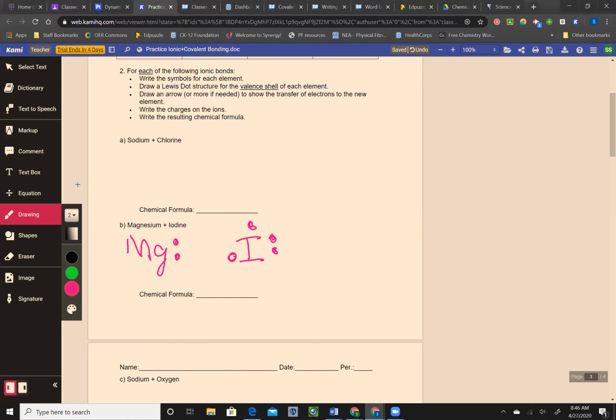Actually, I'm not putting these in any particular order. 5, 6, and 7. And that way we can see that this one needs 1 right here, and magnesium can fill it easily. However, magnesium still has 1 valence electron. So we're going to need another iodine that has 7.